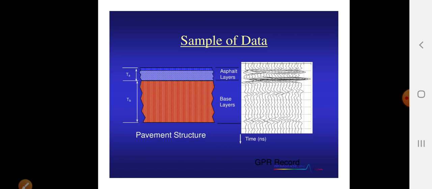The travel time of the radio pulse is then used to determine the depth of the material interface within the pavement structure, which in turn is used to calculate the thickness of each individual pavement layer.